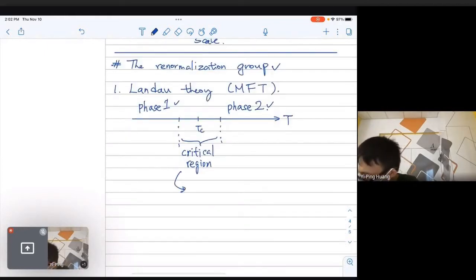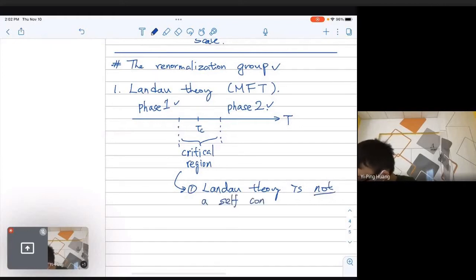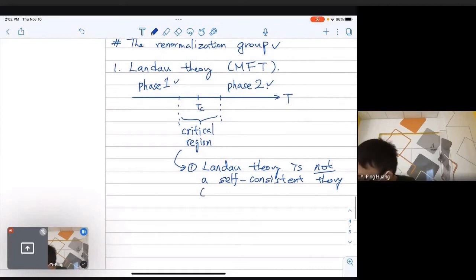So at this point, we know that the reason is basically that fluctuation is important in some cases.